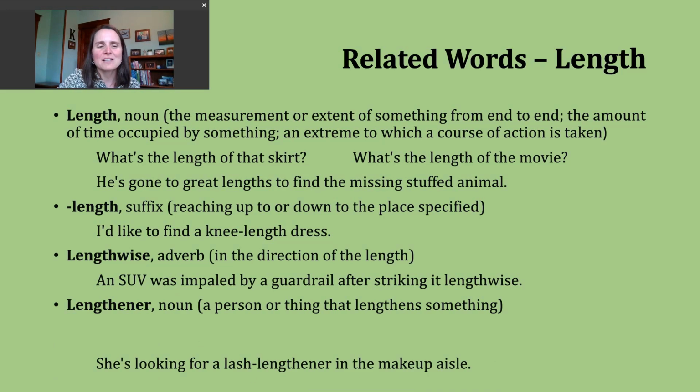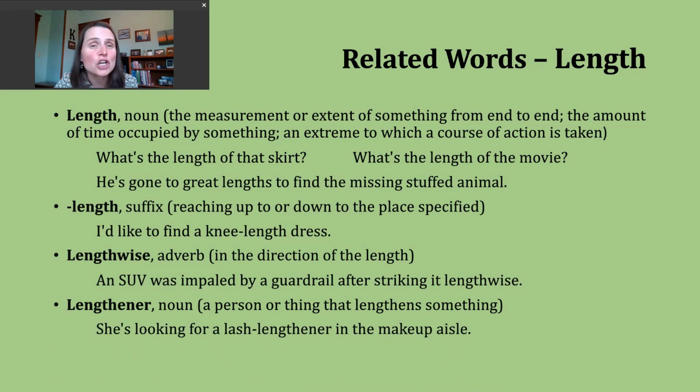One last word for us today, that's the noun lengthener. You can see that ER suffix being added to the word. Generally, that's going to mean a person or a thing that, and then we can go back to the root word here. So that lengthens something, that makes something longer. An example of this might be, she's looking for a lash lengthener in the makeup aisle.